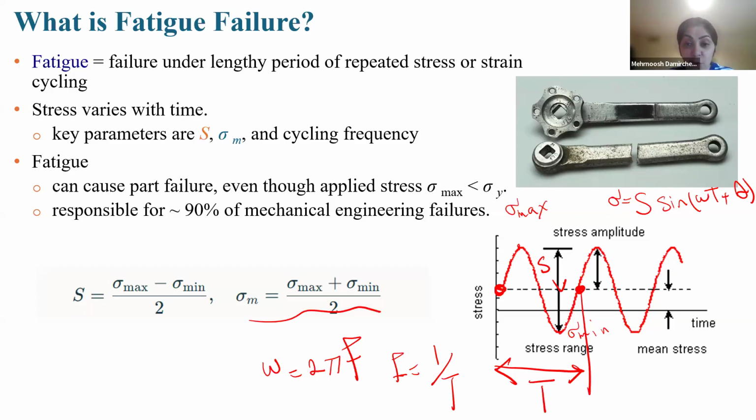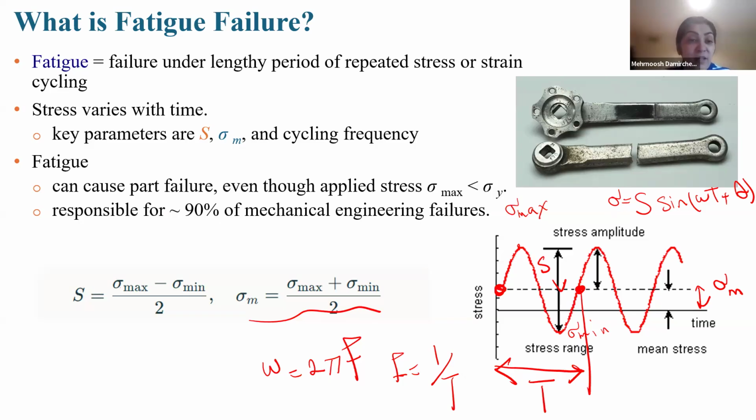If I want to show you here, it is sigma m, or the mean value. And S is sigma max minus sigma min divided by 2, which I show you is the amplitude here. And the frequency is f, the reciprocal of the period.